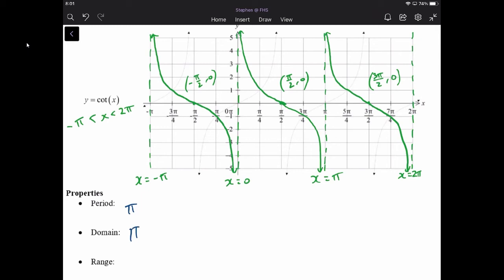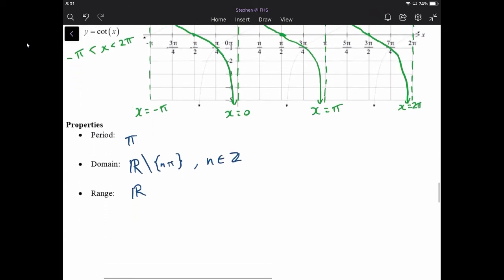So again, the domain over here is going to be all real numbers except n pi, where n is an integer. And finally, the range, well, if you look at the graph of this, it goes all the way from negative infinity to positive infinity. In other words, the range of the cot graph is just all real numbers.